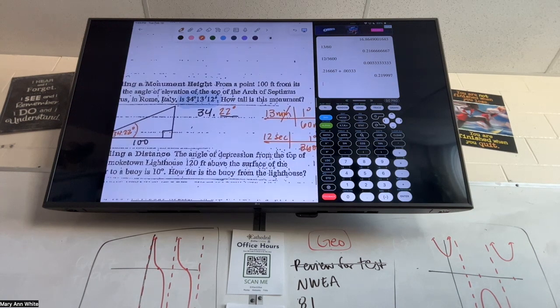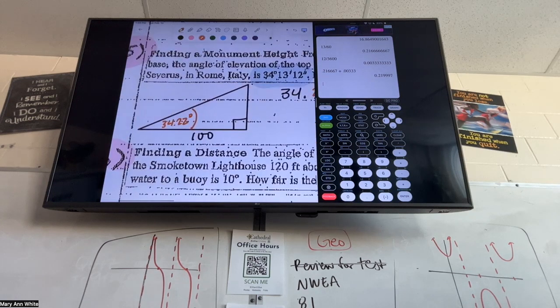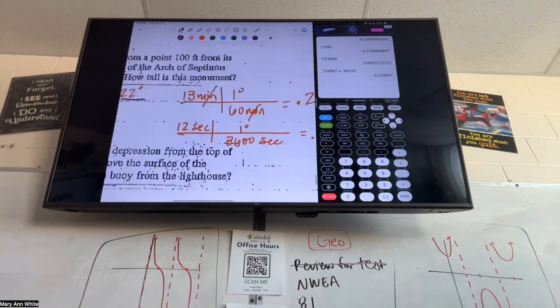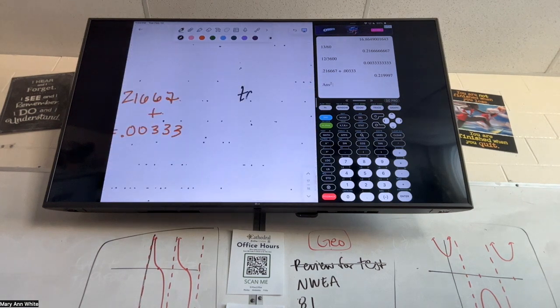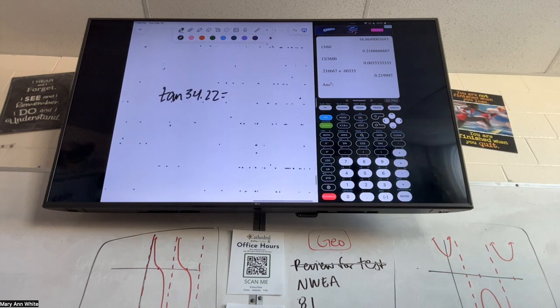Now it does ask how tall is this monument. So I'm going to put X as that vertical distance. From there, we're going to label O and A and H. And for what feels like the 1 millionth time today, we're doing another tangent. Tangent of 34.22 equals X over 100. Feel good about that?